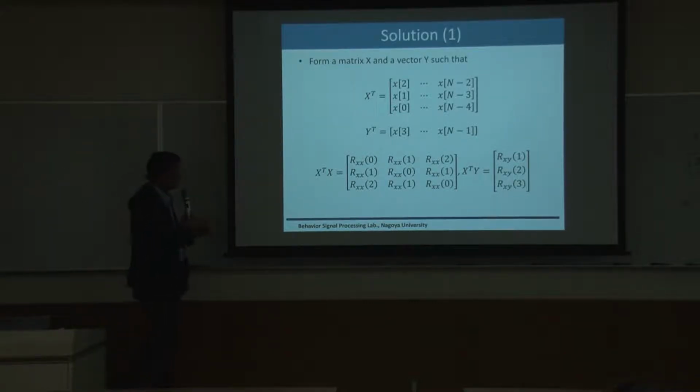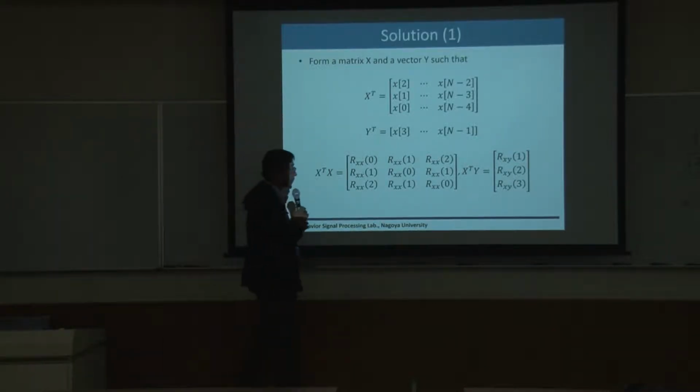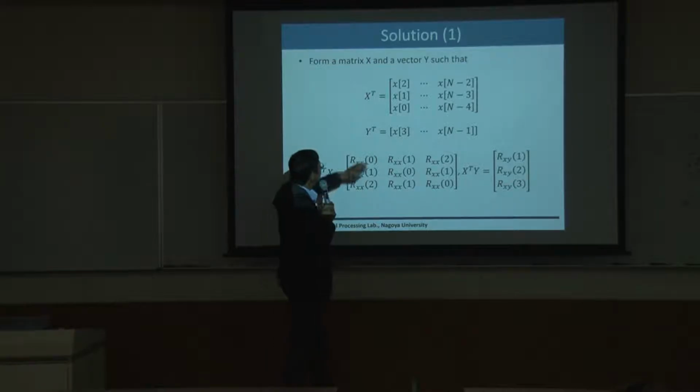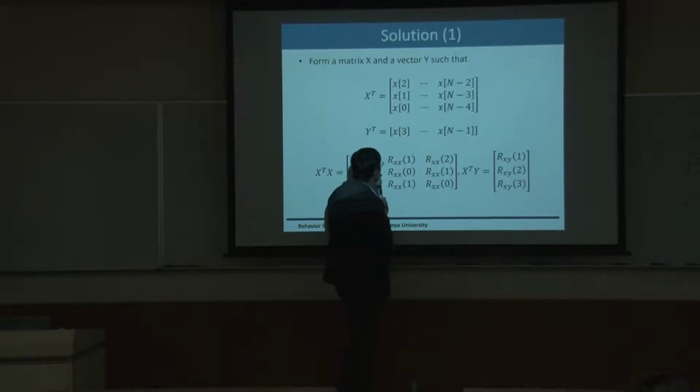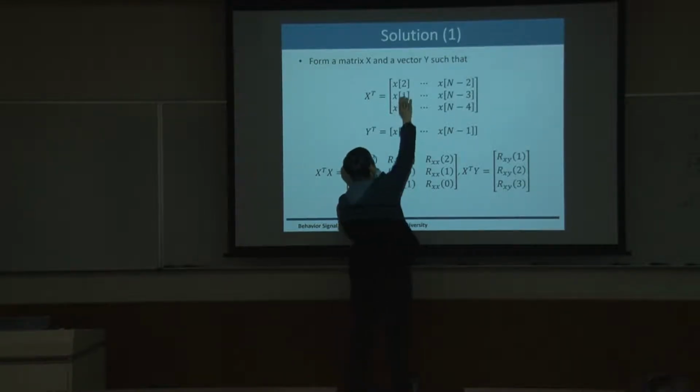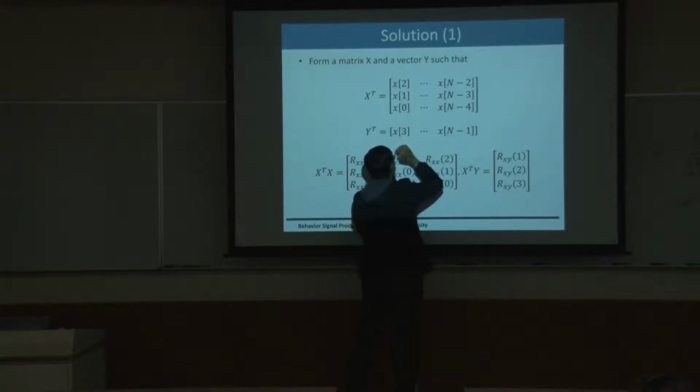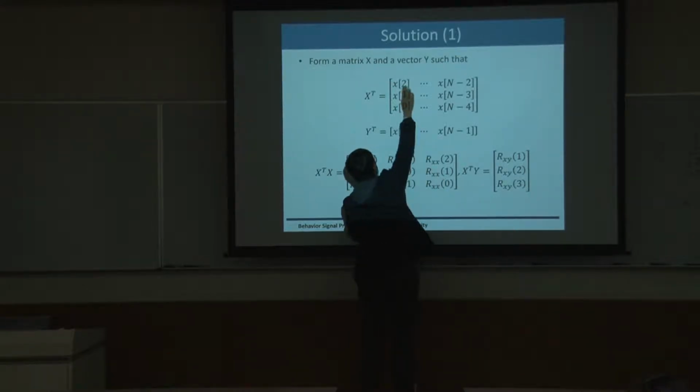And that can also be done very simply with linear algebra. Like this, if you organize the X matrix in this case, you can put 2, 1, 0, which represents that this is the 1 sample before, this is the 2 samples before, and this is the 3 samples before data.